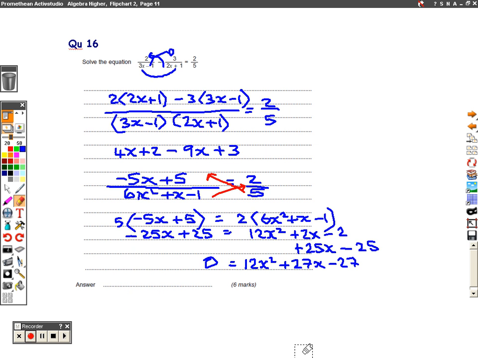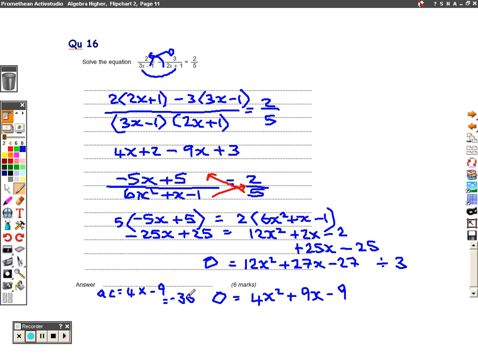Okay, last part then that you have to do. I would try and simplify this down, because we've got it equal to 0, we can divide the whole equation through by something. All are common to 3, so divide by 3. So 12x squared divided by 3 is going to give us 4x squared plus 9x minus 9. And then we need to do ACB to try and factorise it. So AC is 4 times minus 9, which is minus 36.